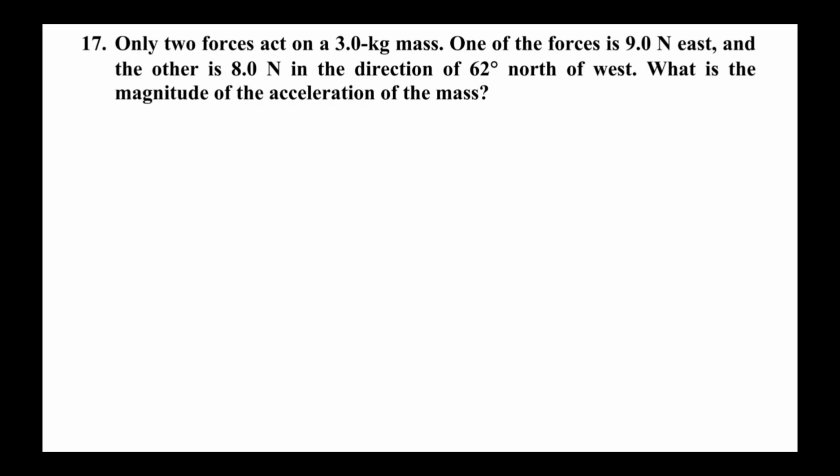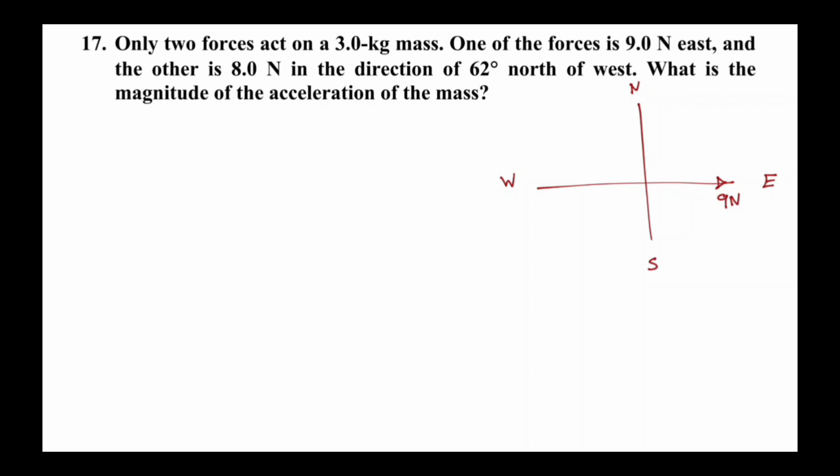Now to solve this one, let's just have a quick sketch. Here we have a force directed to the east with magnitude equal to 9 newtons, assuming that this is the east, this is the north, this is the west, and this is the south. Now the other force is 8 newtons in the direction of 62 north of west.